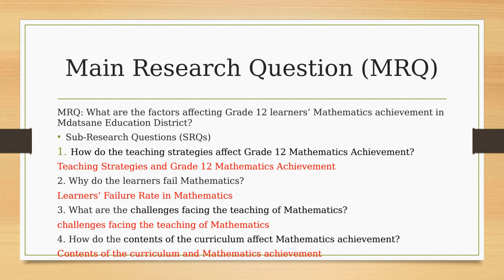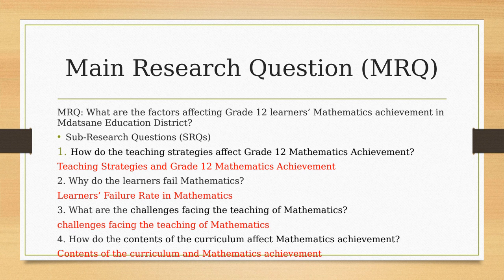That is from sub-research question 1: How do the teaching strategies affect grade 12 mathematics achievement? The literature review is teaching strategies and grade 12 mathematics achievement. That is what you need to review.